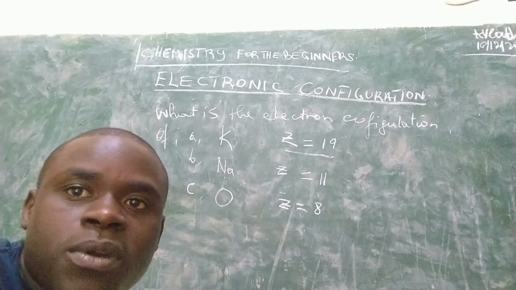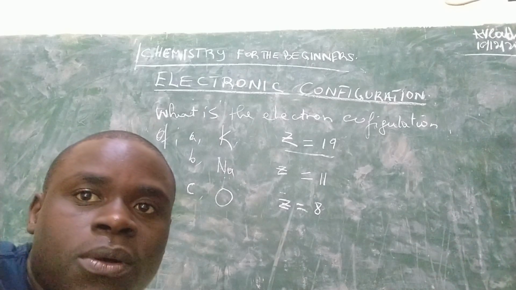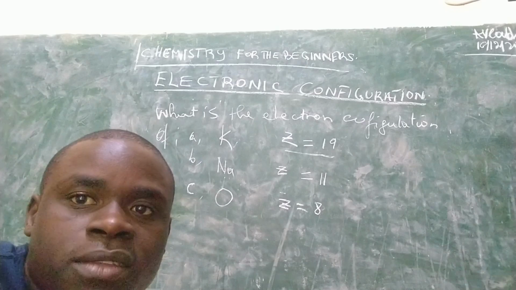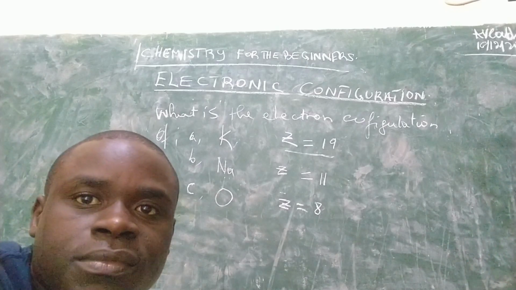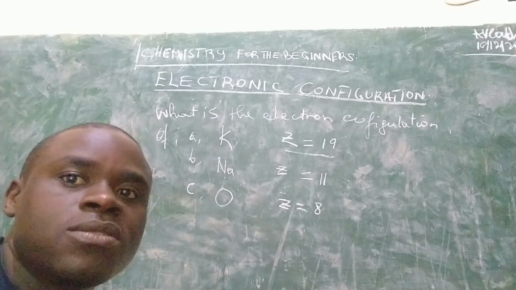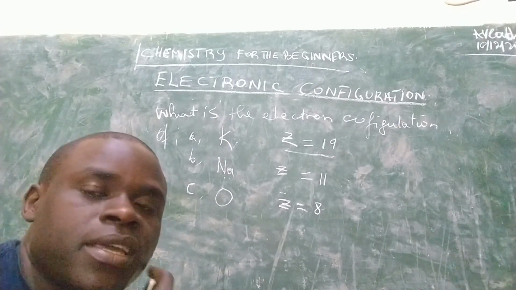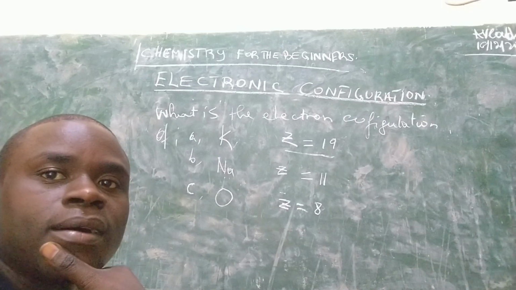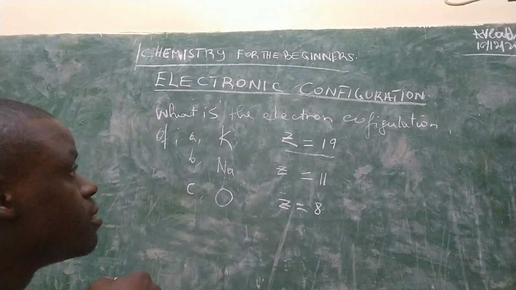Previously in lesson 4, we discussed together the electronic configuration of atoms, and today we want to see some examples of electronic configuration, starting from these three examples.